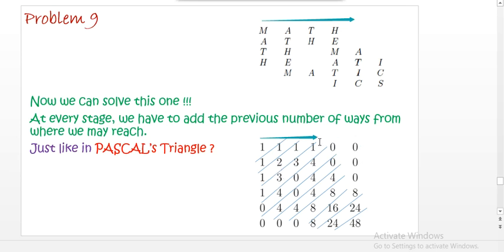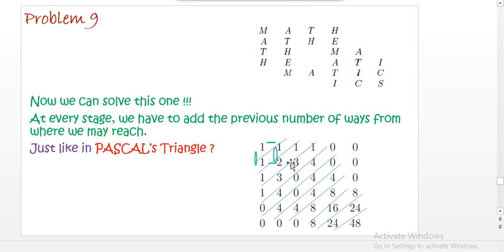After that from H to E there's one way. So till this particular H, in how many ways can I come to this H? There are 3 ways, and these all come from the same way of addition we did before, like 1 and over here also 1, so 1 plus 1 is equal to 2.